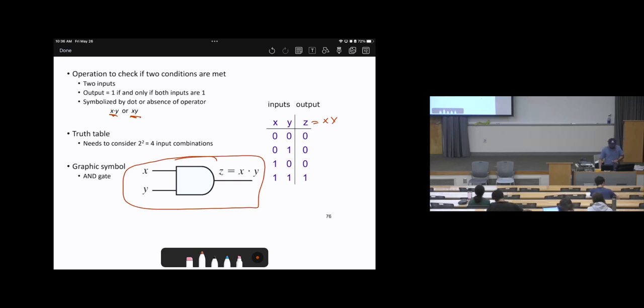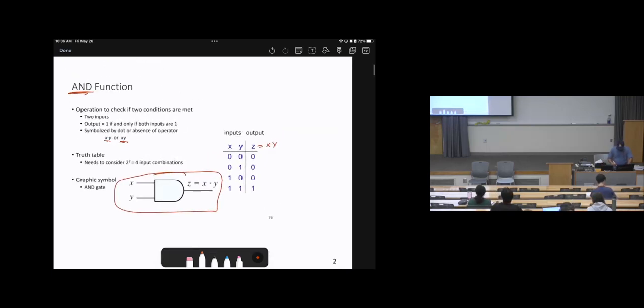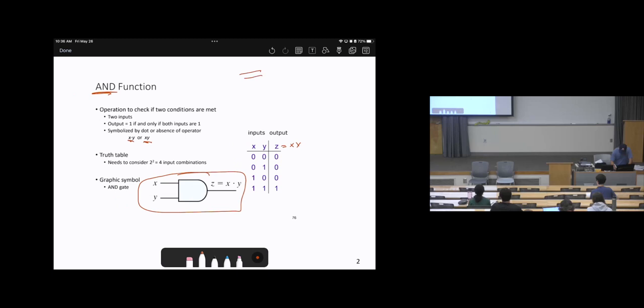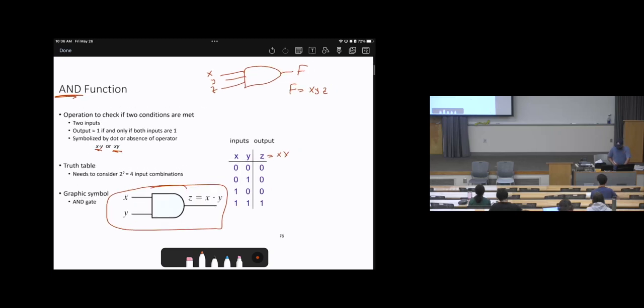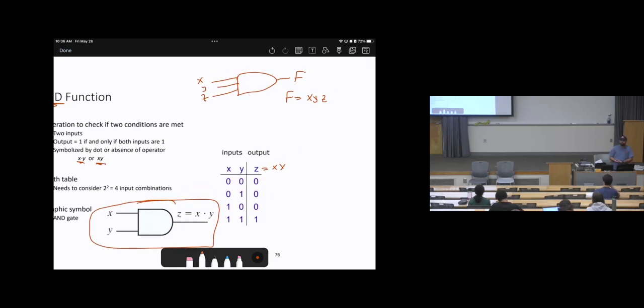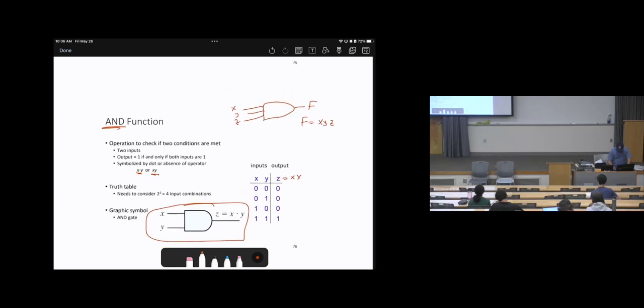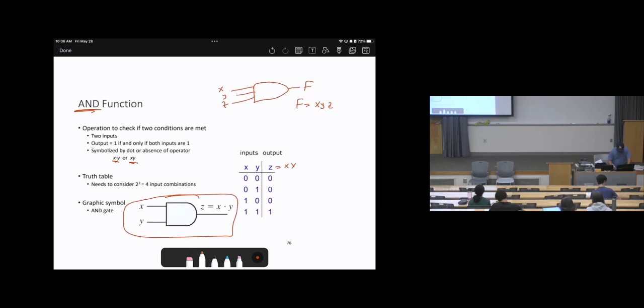How about if we have more than one input in AND? How about if we have 3? Like x, y, z, and here is the function f. Basically, we will say that f equals x times y times z, the multiplication. How can we manipulate this into something we call a truth table? You need to keep in mind that when you build the truth table, you need 2 to the power of the number of inputs.